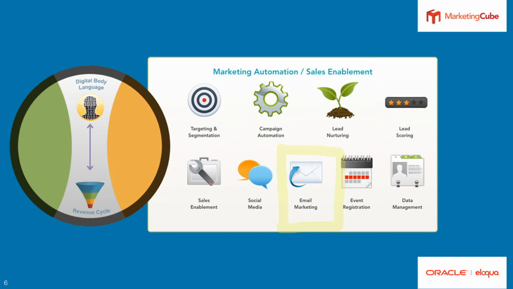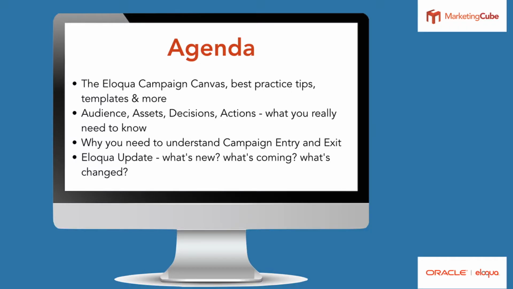But what we want to do is really take advantage of the campaign automation. It's those two things combined, definitely tied in with targeting and segmentation, that deliver a much smarter solution. All of those aspects together, we believe, deliver a marketing automation platform versus simply an email marketing platform. So let's dive straight in and have a look.